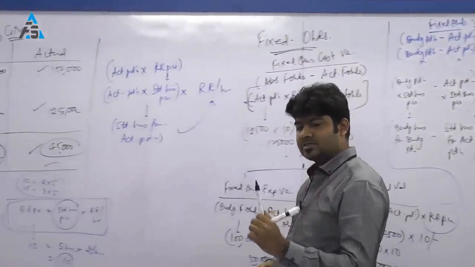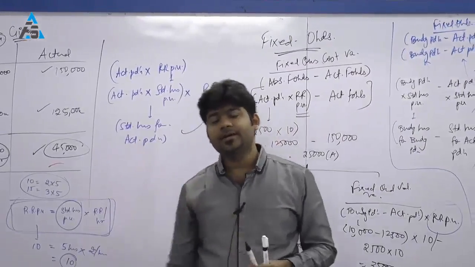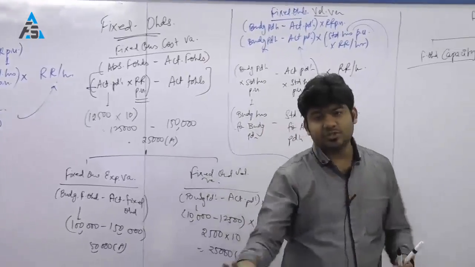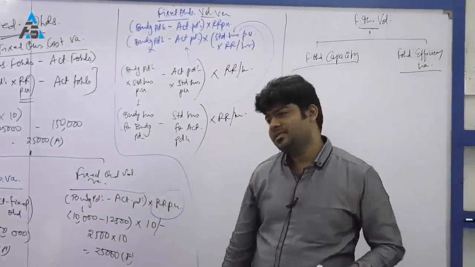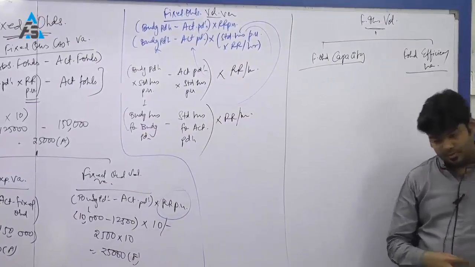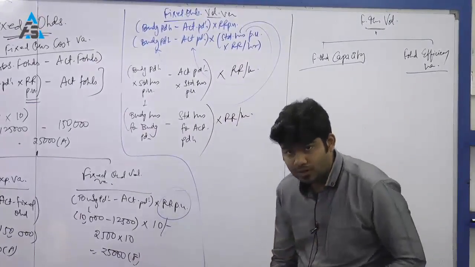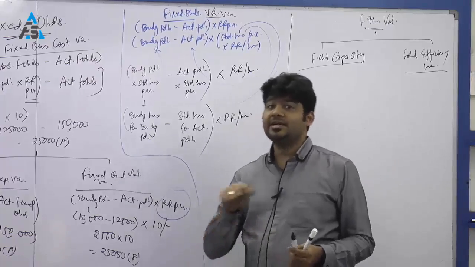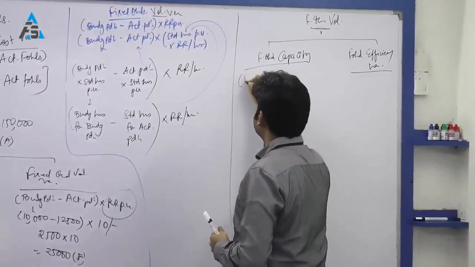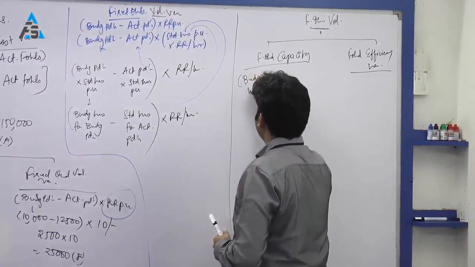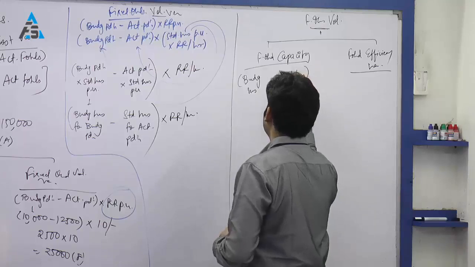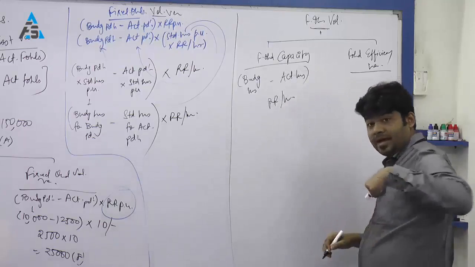Suppose the capacity of this class is 50 students and I am able to seat a total of 60 students here. Then in that case, am I utilizing the capacity good or bad? I am utilizing it good. So if the capacity is used more, then don't write it as adverse, write it as favorable as far as capacity variance is concerned. So what is capacity? It is budgeted hours minus actual hours into recovery rate per hour.